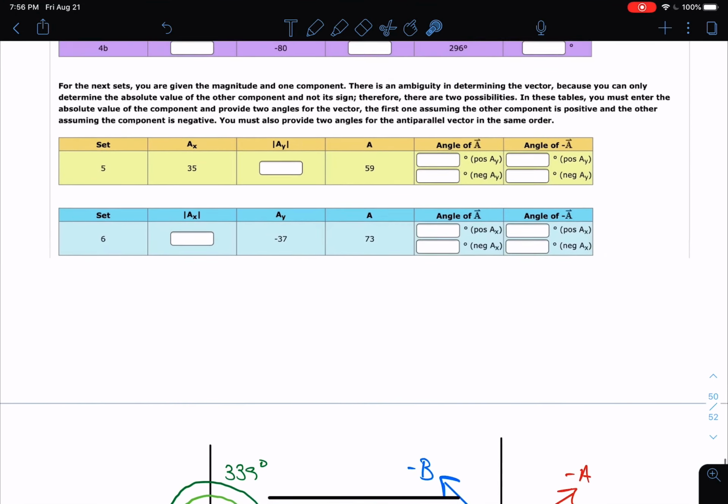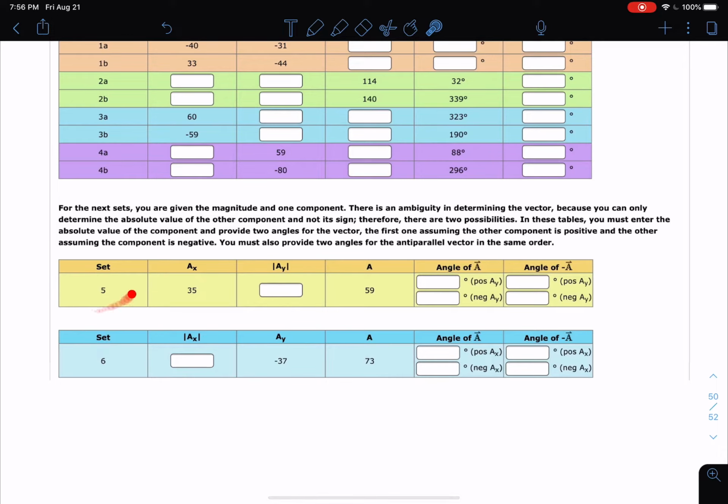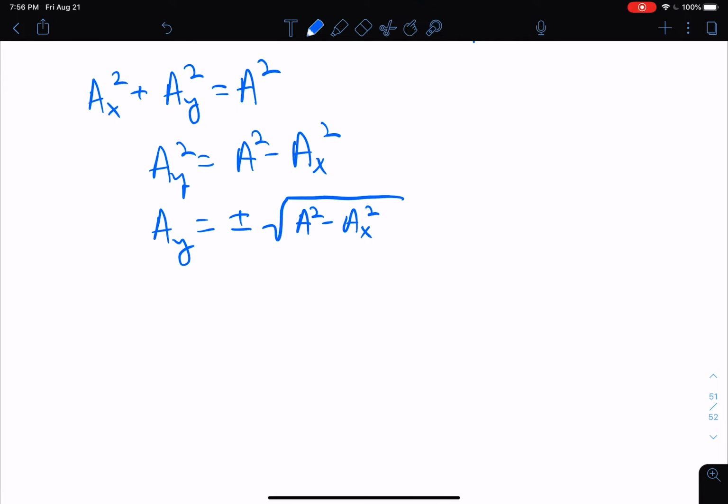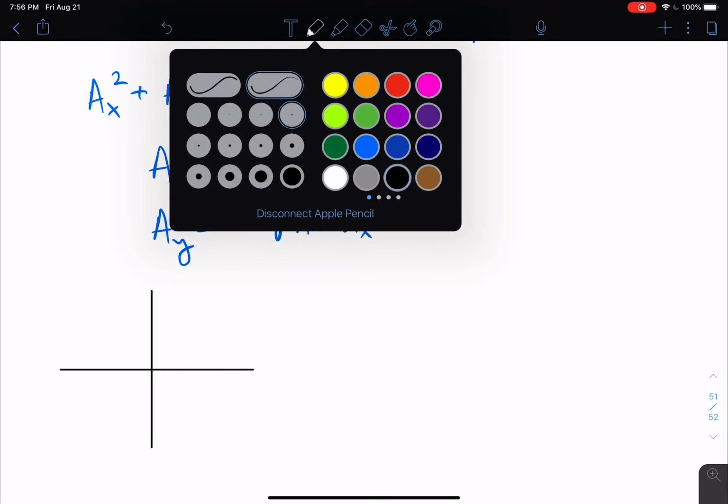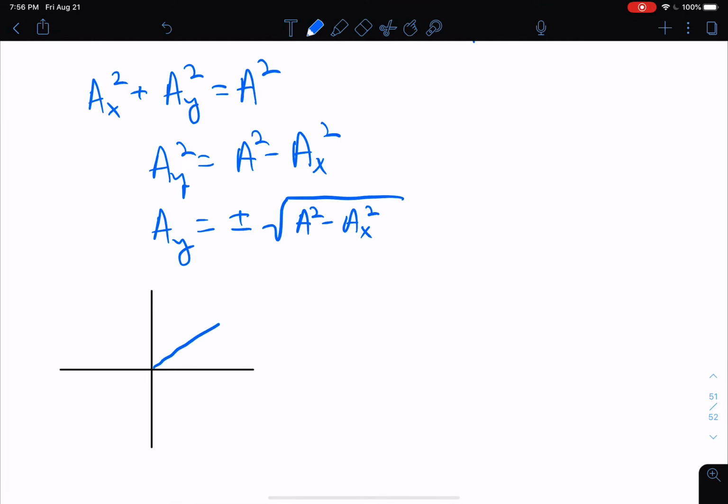So let's look at my case. For set 5, I had a positive x component. Okay, so if I draw that real quick, I have a positive x component. So a positive x component means that it could be pointing this way with a positive y component, or if the y component's negative, then it's pointing down this way, where my drawing isn't perfect, but regardless of whether the y component is positive or negative, it's going to have the same angle relative to the horizontal.